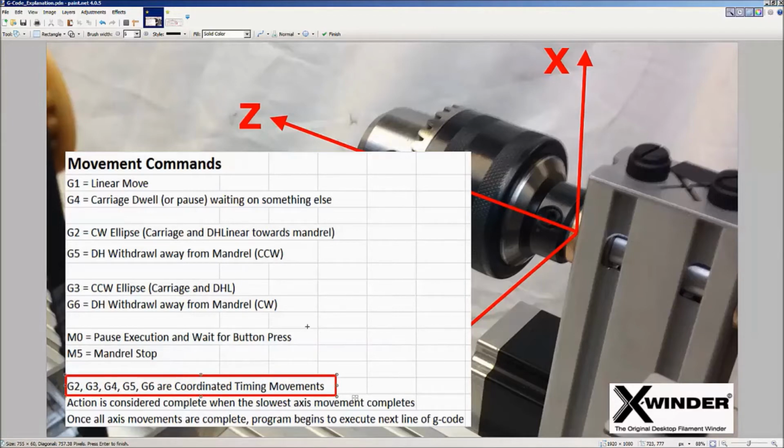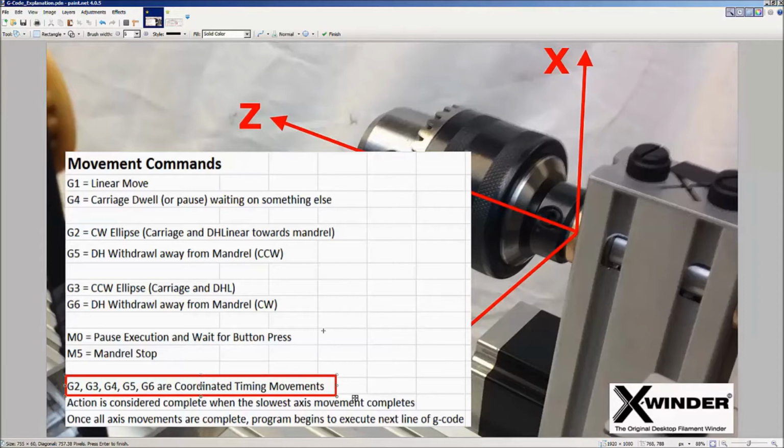We'll talk about that in a second. But basically you can have 3 axes moving at once. So you could have the mandrel moving, obviously, the carriage moving, you can have the delivery head moving linearly, and you can have the delivery head rotating, and all of those motions can be happening simultaneously.